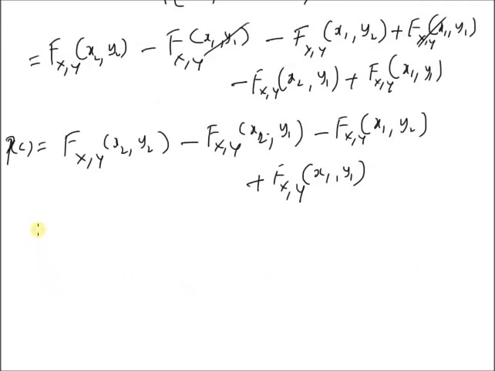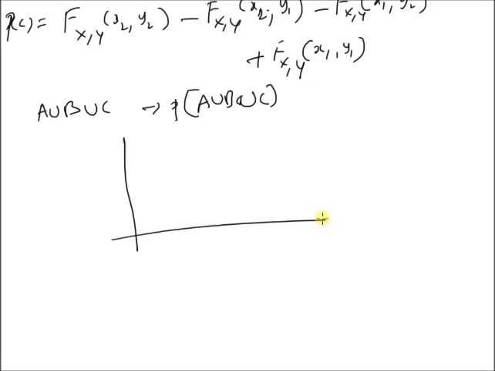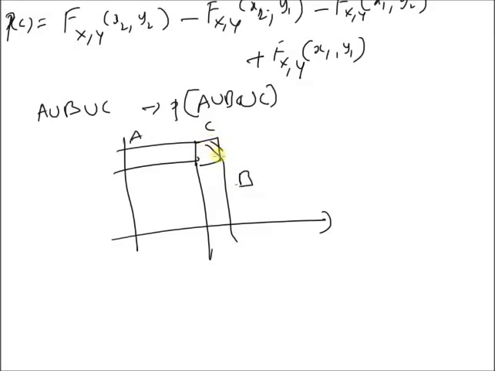Finally, we can also calculate the probability of the event A union B union C. That is, we want to calculate the probability of this event A union B union C, which is basically represented by the following region. That is, we have event A and we have event C and we have event B. C is represented by this region, A is represented by this region and B is represented by this region.